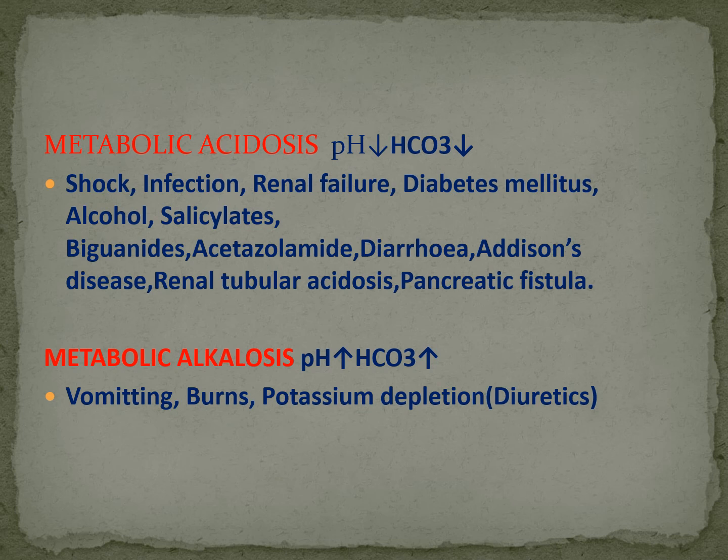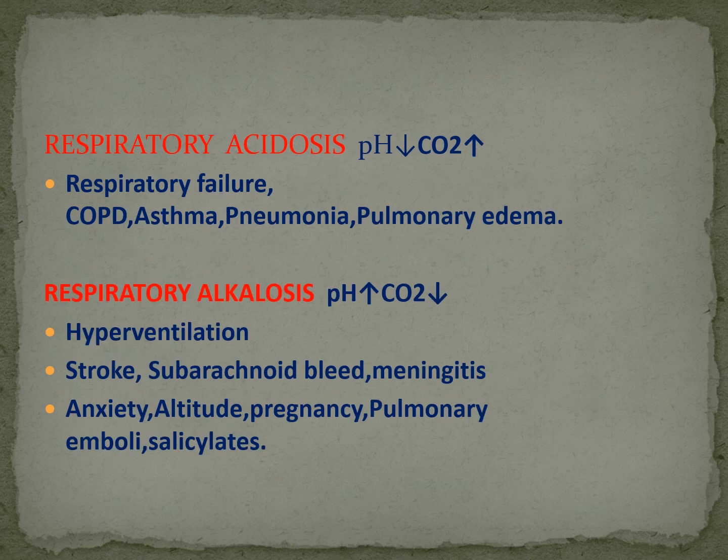That means your patient is in metabolic acidosis. Otherwise, if the patient has severe vomiting or severe burns, the pH and the bicarbonate level will be increased. So we can identify which type it is, respiratory or metabolic acidosis or alkalosis.